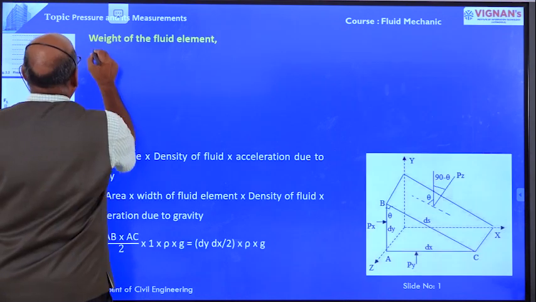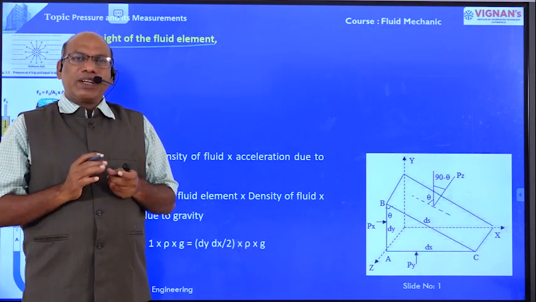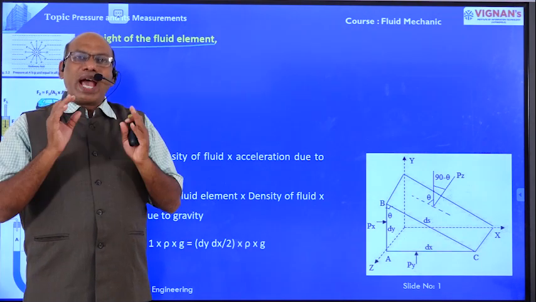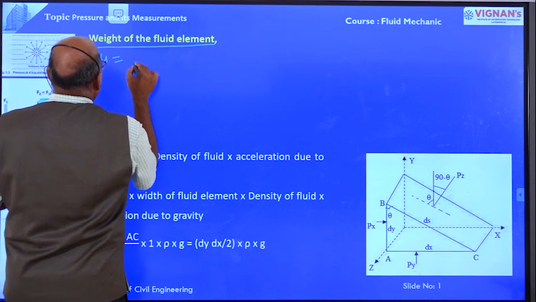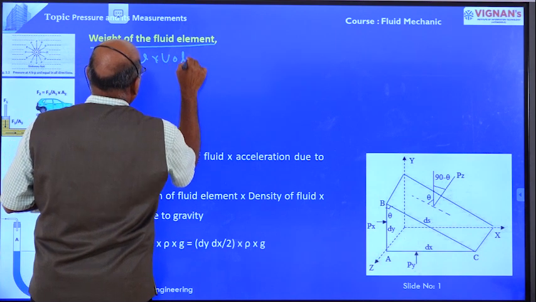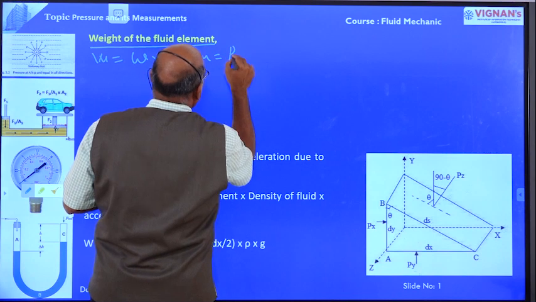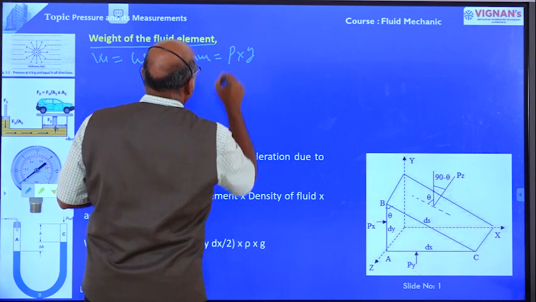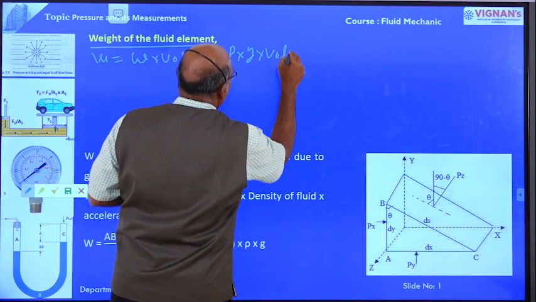Weight of the fluid element: weight equals weight density into volume. Weight density is nothing but rho into g, the density of the fluid into acceleration due to gravity, into volume.